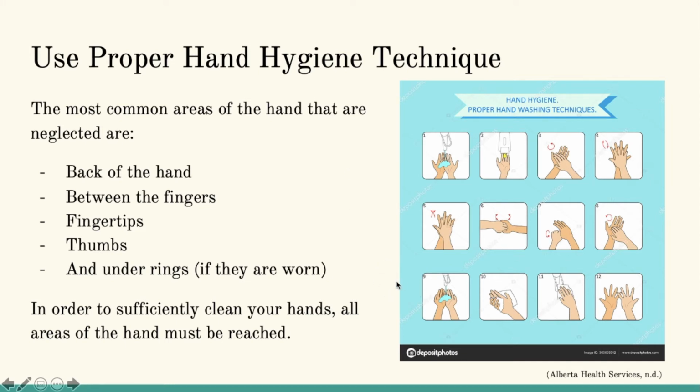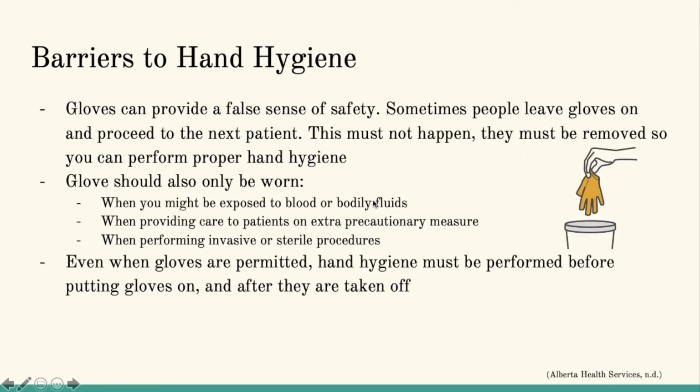Those two objects will likely be the most dirty objects in the bathroom or wherever you're washing your hands. So if you touch that, it's almost useless that you just washed your hands. So try to use paper towel to open doors and turn off taps.